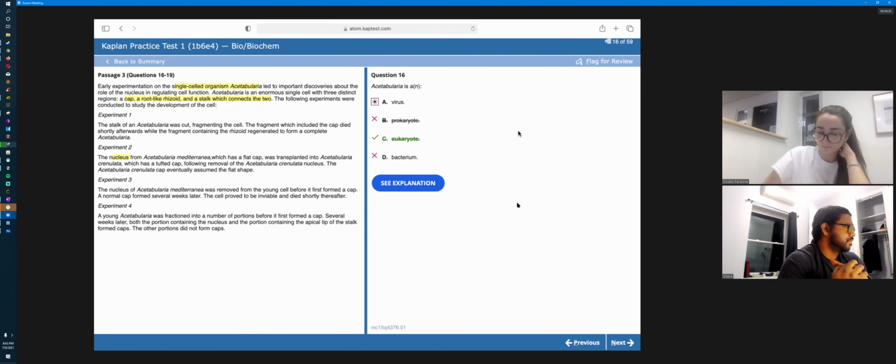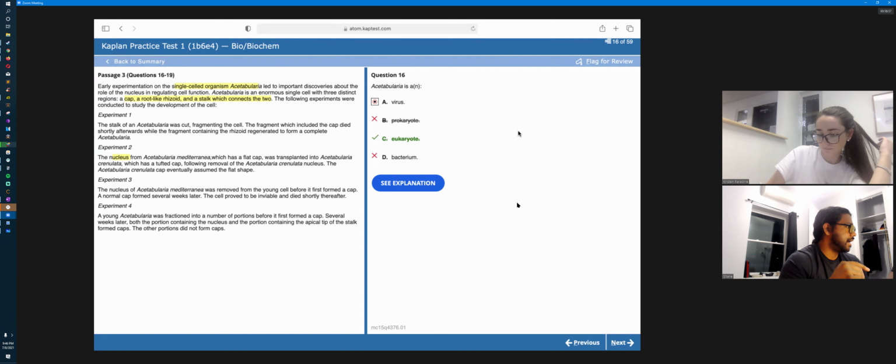Experiment 2 now. So now they take a nucleus from something else. That's another thing I'm a little confused about, things that aren't the same here, right? There's the Mediterranean. It has a nucleus, and it has a cap, but the cap is flat.